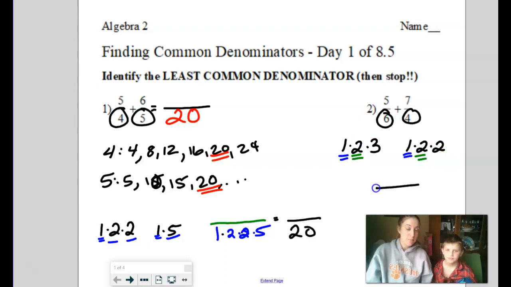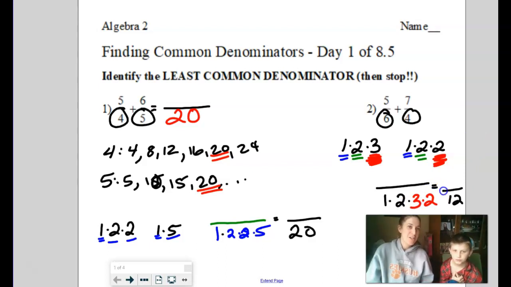So in my building up of the common denominator, I have a 1 and a 2, and I still have a 3, and another 2. If I multiply those all together, I get 2 times 3 times 2, that's a 12. So the least common denominator there is 12.